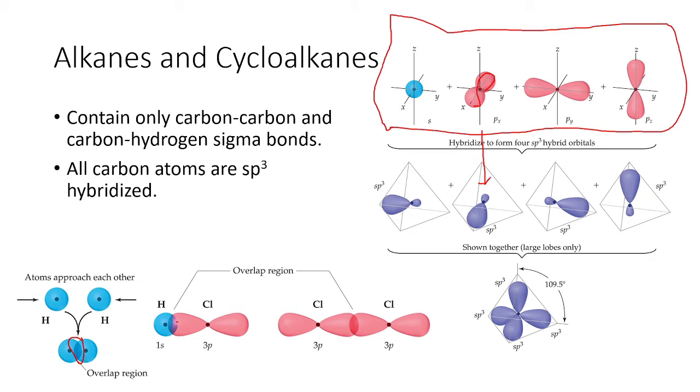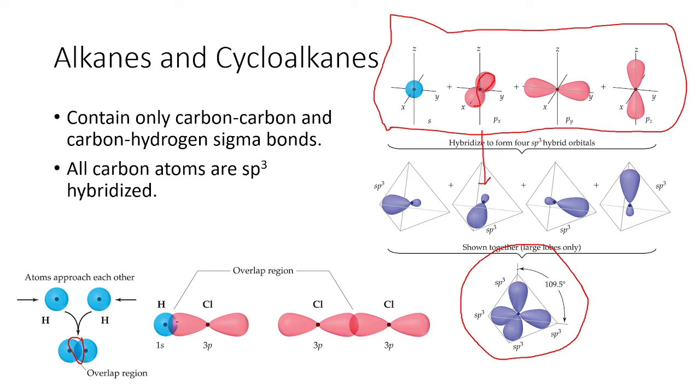Also, that is the same for the py and the pz. So, all of those combined, we will have here a carbon, which is actually sp3 hybridized. So, we have here one s orbital and three p orbitals.